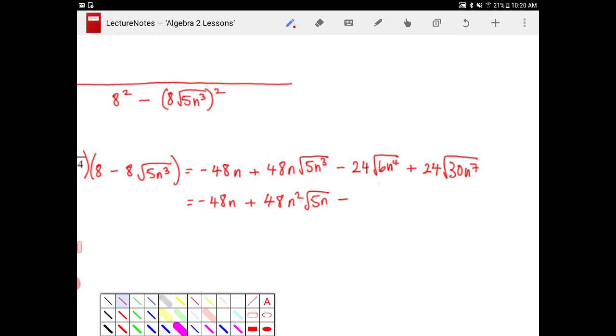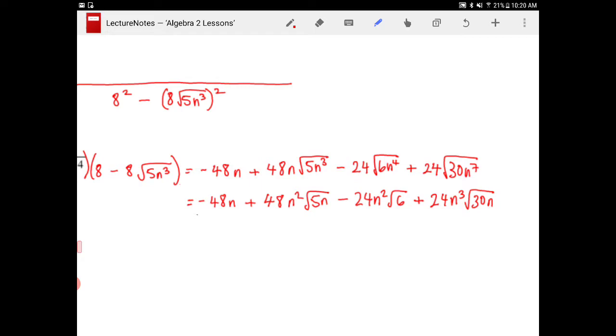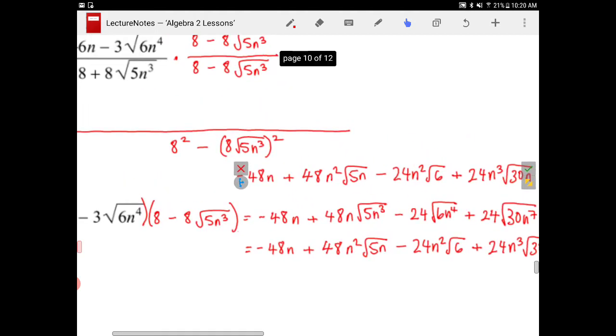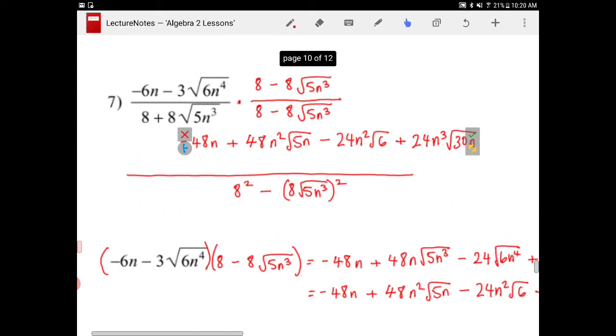I can pull out an n squared, so that's 24n squared radical 6. And the n to the 7th, I can pull out an n to the 6th, which will become n to the third radical 30n. So this entire thing is my numerator.